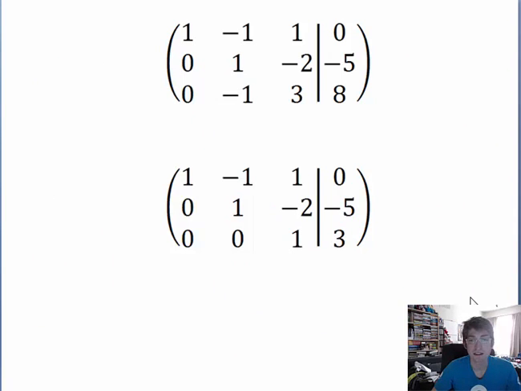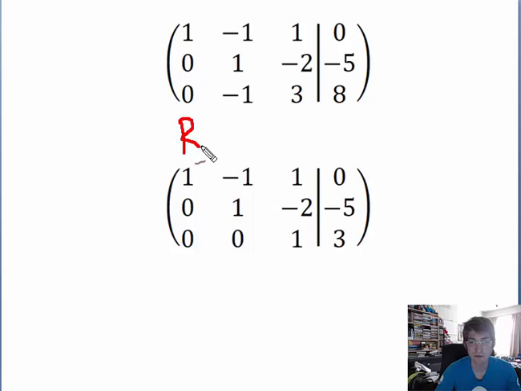To finish getting this into row echelon form, we need to get a 0 in this term and a 1 in this term. So, see which row operations you can use to do that. Pause it, try to figure it out. For this one, we only have to do one more step.